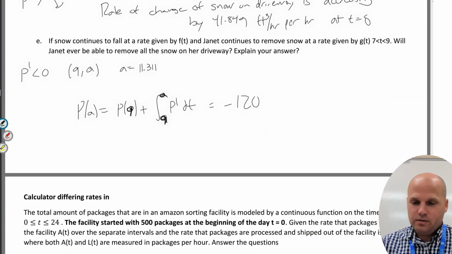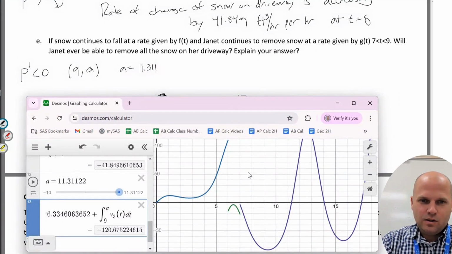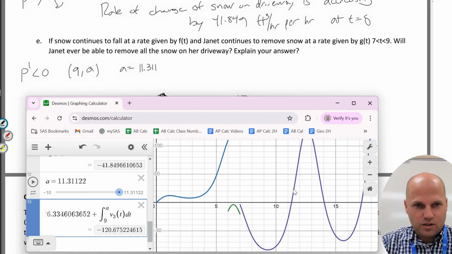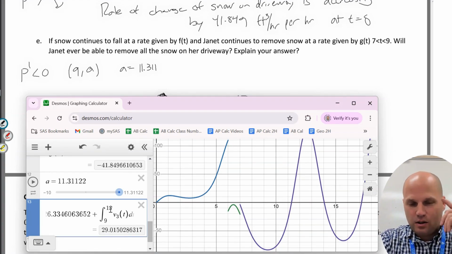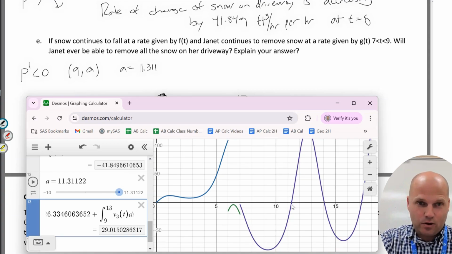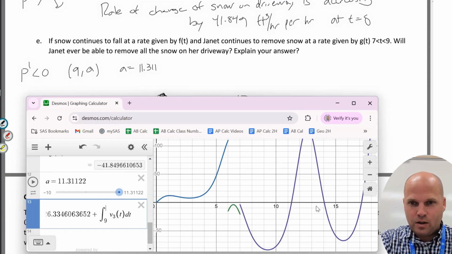Now, probably she'll be able to get her car out and run away because snow is going to start to add. Watch what happens if I go from 9 to 12. Oh, 13. Okay. If I go eventually to the 13th hour, there's going to be more snow on the driveway.